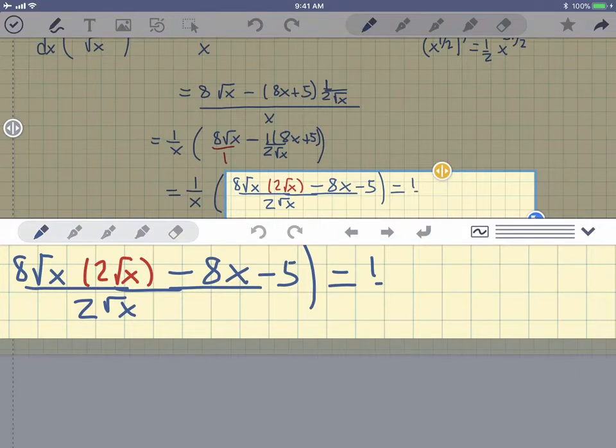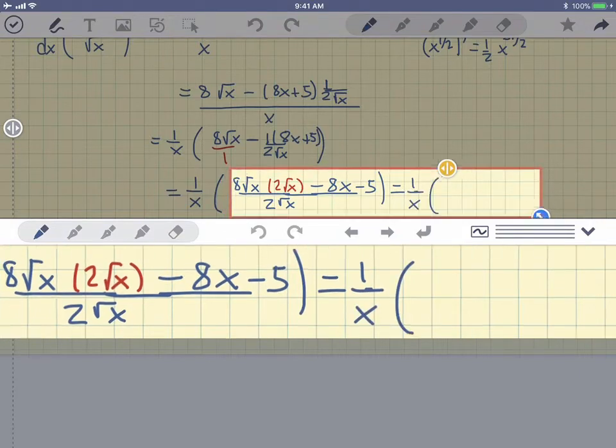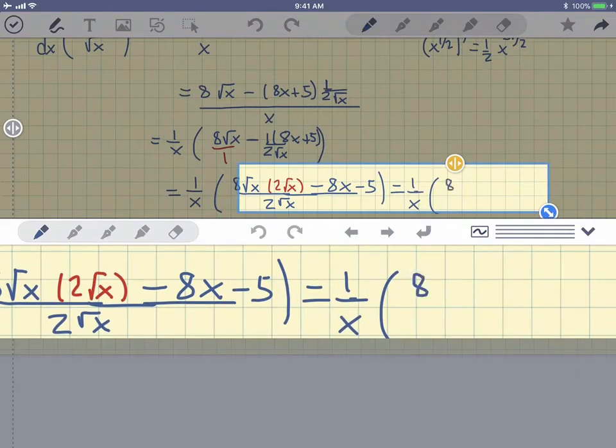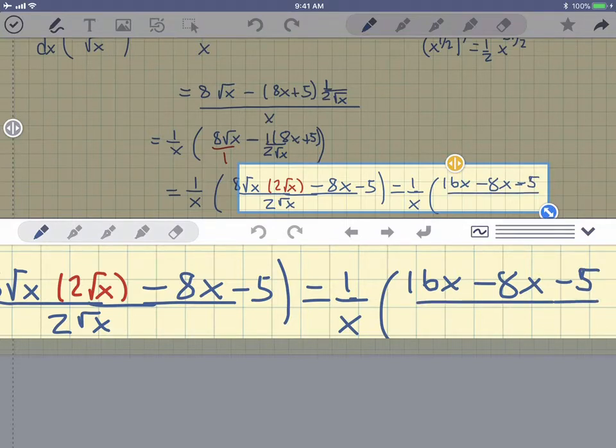So I have 1 over x outside of that parentheses. And now inside the parentheses, this is just 8x. Right, sorry, this is 16x because I have the 2. So this is 16x. And then I have minus 8x minus 5. Okay, and all that is over 2 root of x. There you go.